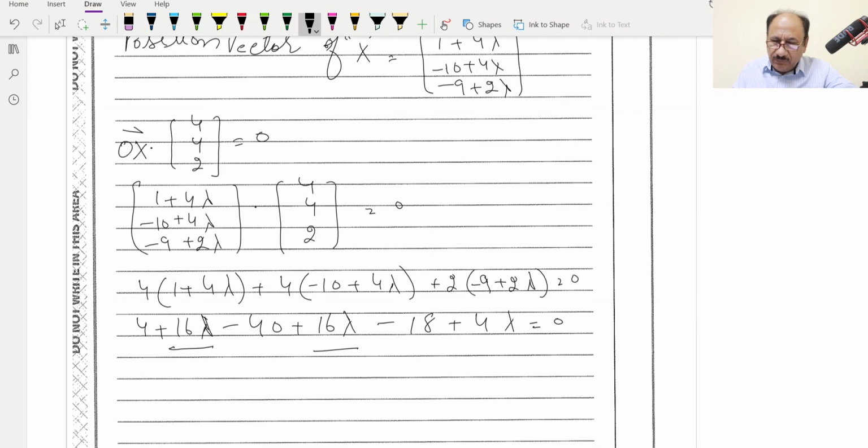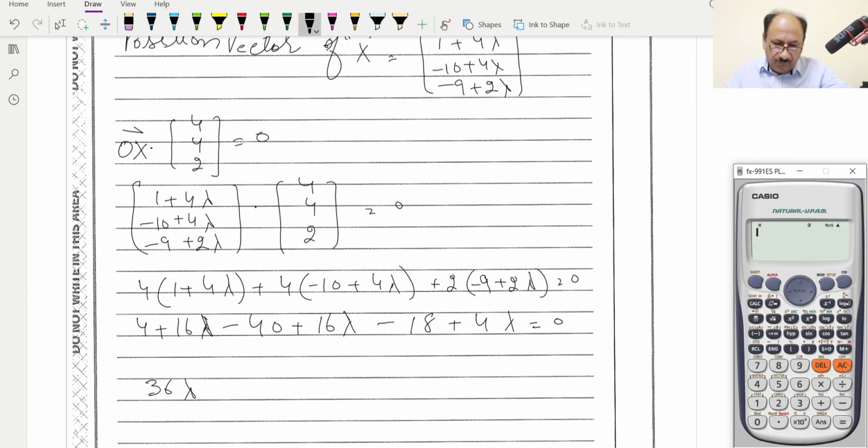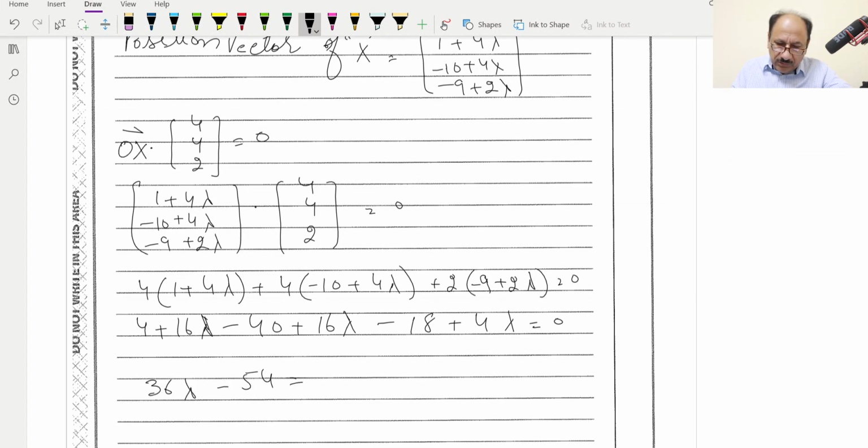Now we'll add the like terms. 16 plus 16 will be 32, 32 plus 4 will be 36, so this will be 36 lambda. Next are the constants, so we can add 4 plus minus 40, and minus 18, which is equal to minus 54, equal to 0.